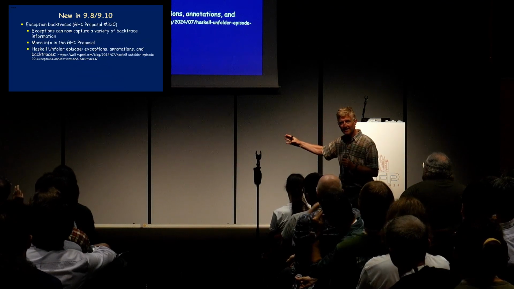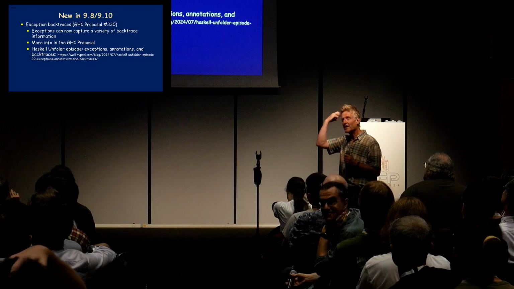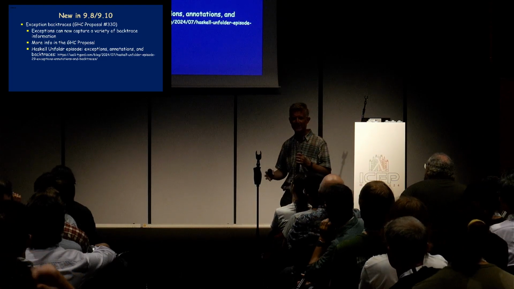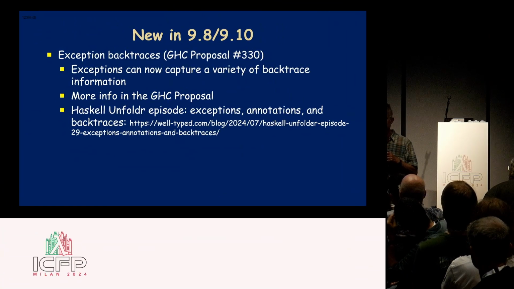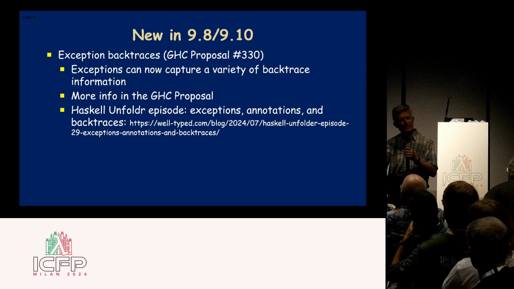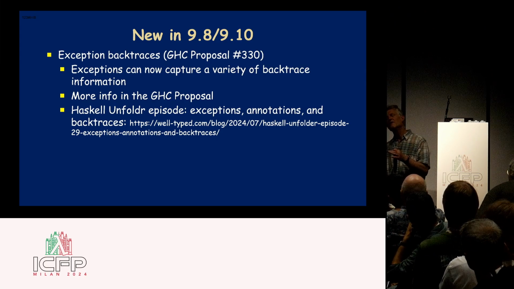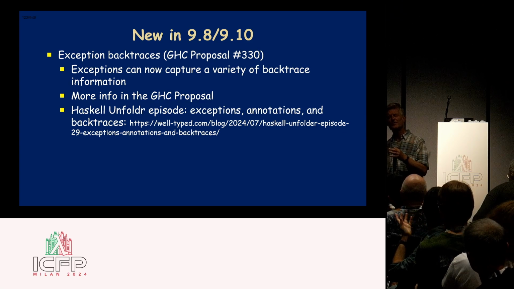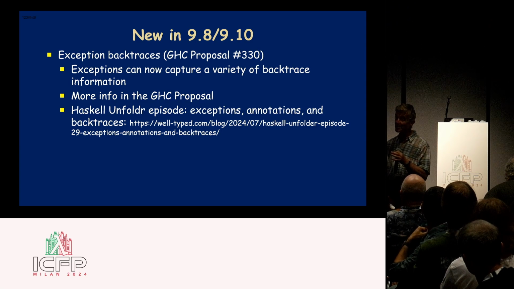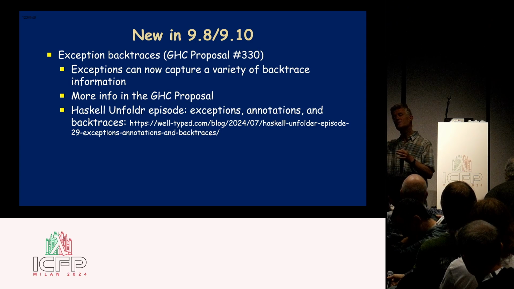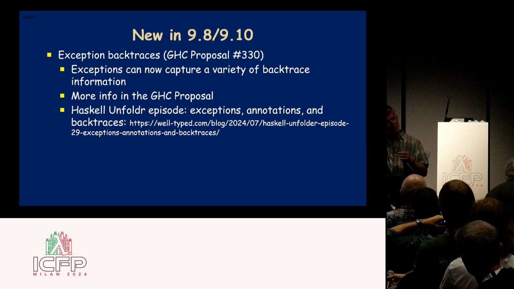Another big new thing: does anybody know about this exception backtrace stuff that Ben has spent so much time implementing this year in any detail? In GHC, if you call error, that makes an exception, and the program falls over and just says, error, bad thing happened. But you'd like to know where in the program, with this call stack or something.